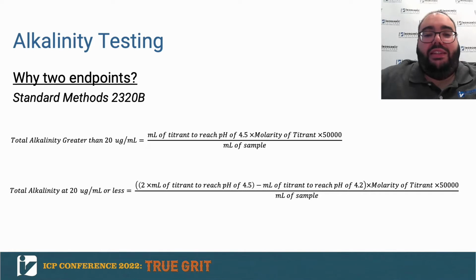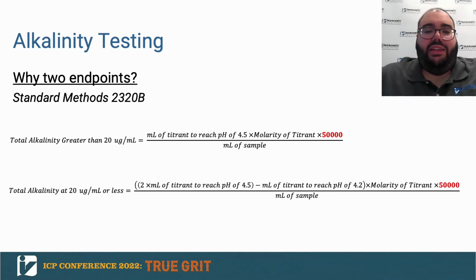In Standard Methods it just says that you need to titrate a 0.3 pH difference, but we've chosen 4.5 and 4.2 as our in-house method at Inorganic Ventures. If you read Standard Methods, it gives you a little more background as to why you need two endpoints. Again, if you have a really good idea of the alkalinity you're expecting, then you may not need to take that second endpoint if you're expecting a total alkalinity value above 20 ppm.